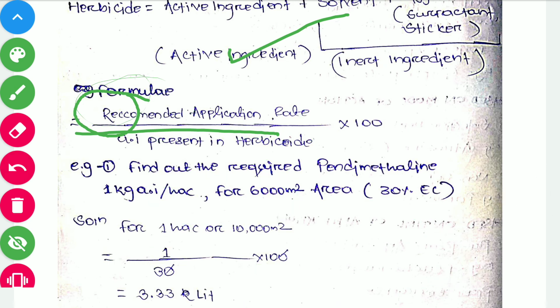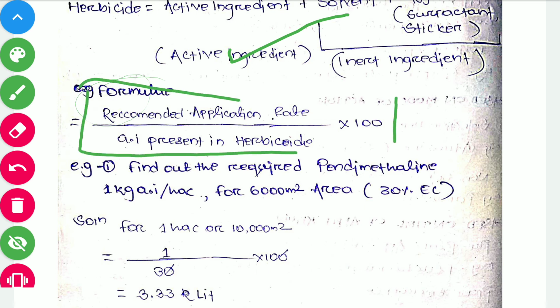We can take a formula. The formula for the required amount of herbicide is the recommended application rate divided by the active ingredient present in the herbicide, multiplied by 100. This is the basic formula for calculating the dose of herbicide.